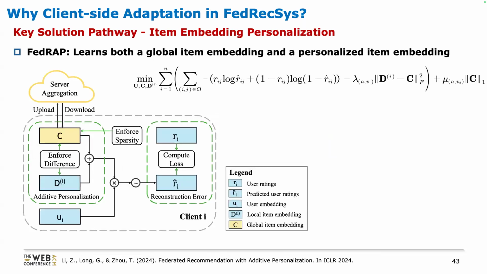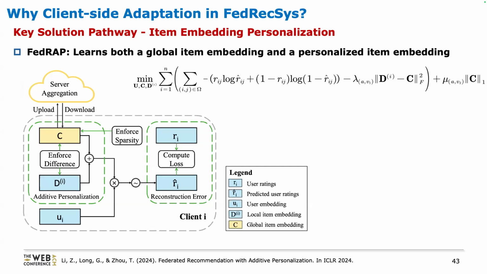In contrast to pFedRAC, FedRAP streamlines personalization by splitting each client's item representation into a shared sparse core C and a compact local offset D_i, rather than downloading and uploading heavyweight, fully personalized embeddings.